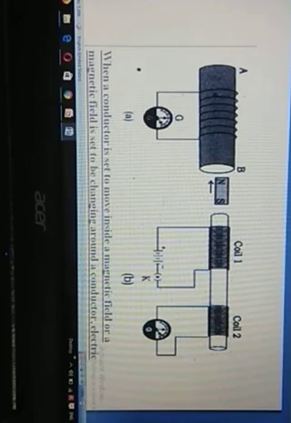As you can see, there is a galvanometer, a soft iron core, and coils A and B, which show that the movement of the bar magnet around them produces magnetism. When a conductor moves inside a magnetic field, the magnetic field around the conductor changes and an electric current is induced in the conductor.